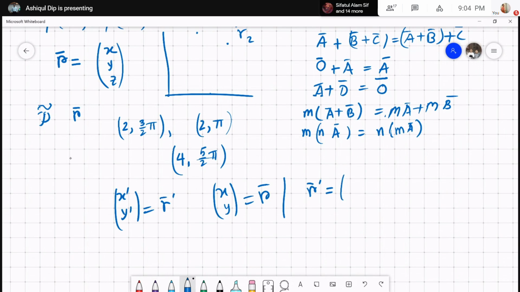Like cosine theta, sine theta, minus sine theta, cosine theta acting on R, like this.